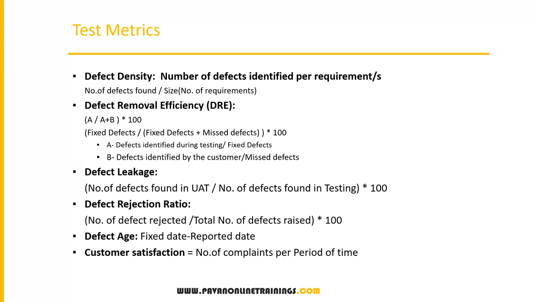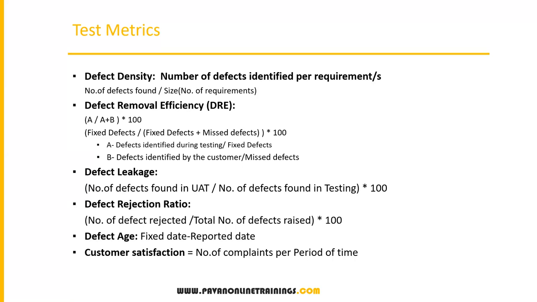Then one more important metric is defect removal efficiency. People may ask you about this in interviews also: what are the defect metrics? So you should tell these metrics. To calculate defect removal efficiency, we have to know two things: how many defects were fixed by the developer, and how many defects were missed by the tester.